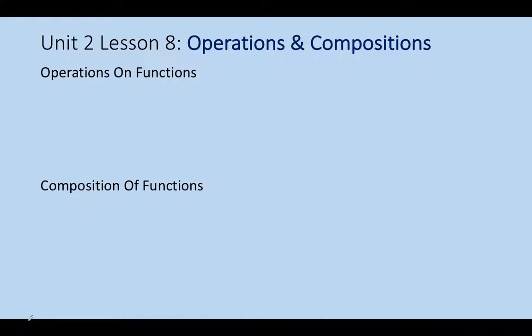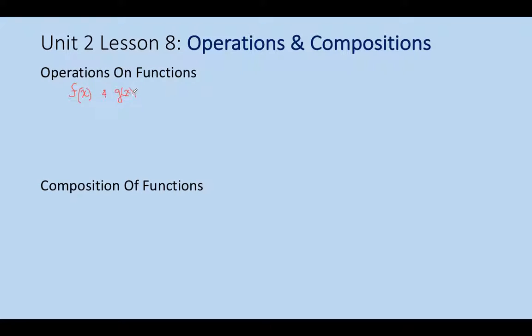Operations on functions. Well, basically all we've got here is you're going to be doing things like, well, you know what a function is and what function notation is. So it's like f of x. Well, if I had two things, f of x and, say, another function, we'll call it g of x.